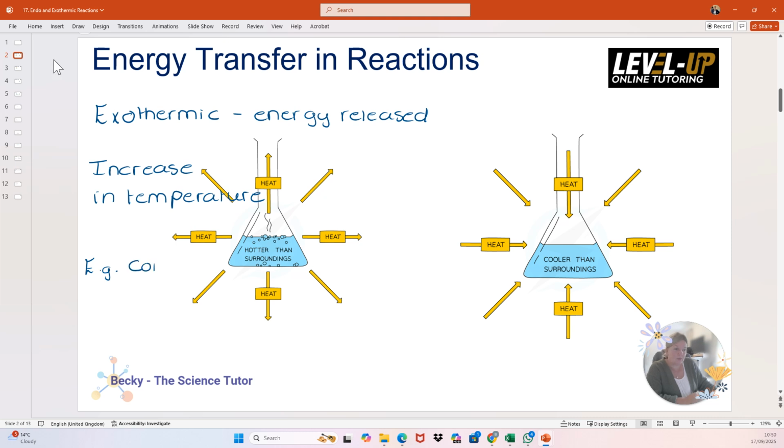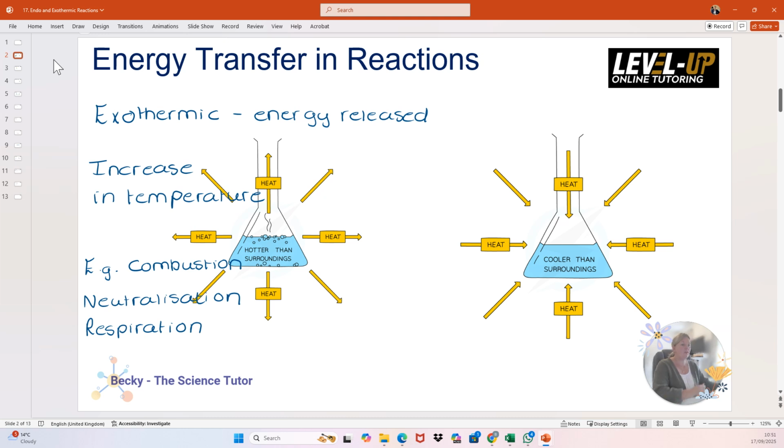So anything burning, any combustion reaction, obviously we know that they get hot. And if we're thinking in terms of more chemical reactions that you may carry out in the lab, we've got things like neutralization. And if we think a little bit more biologically, we have respiration, which is releasing the energy from the sugars that we ingest.